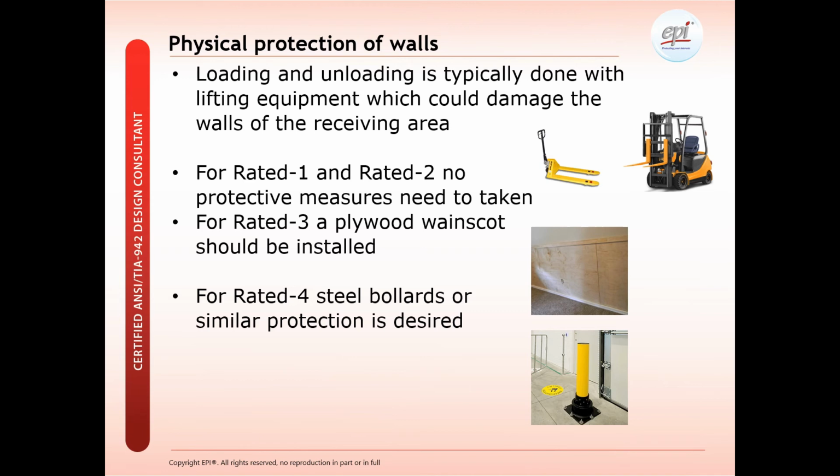With the TIA standard, we need to consider how goods get to the site, how they get onto site, and how they are offloaded and loaded via the loading docks, and what protective measures we should put in place.